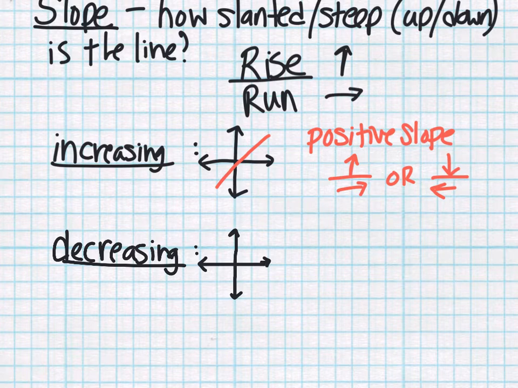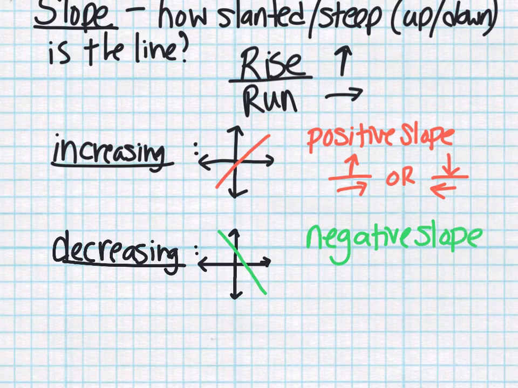Decreasing is going to go slanting down. We also call this a negative slope. So if I give you your slope and it's a fraction, you're going to start out going down, and then you're going to go to the right for your rise over run. Or you can go backwards, you can go up, and you can go left. So I switch each one of those.